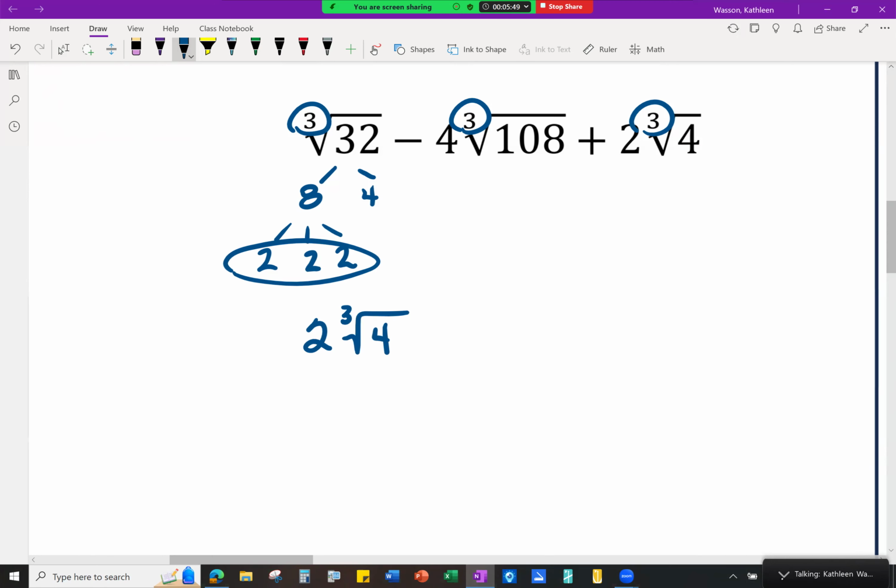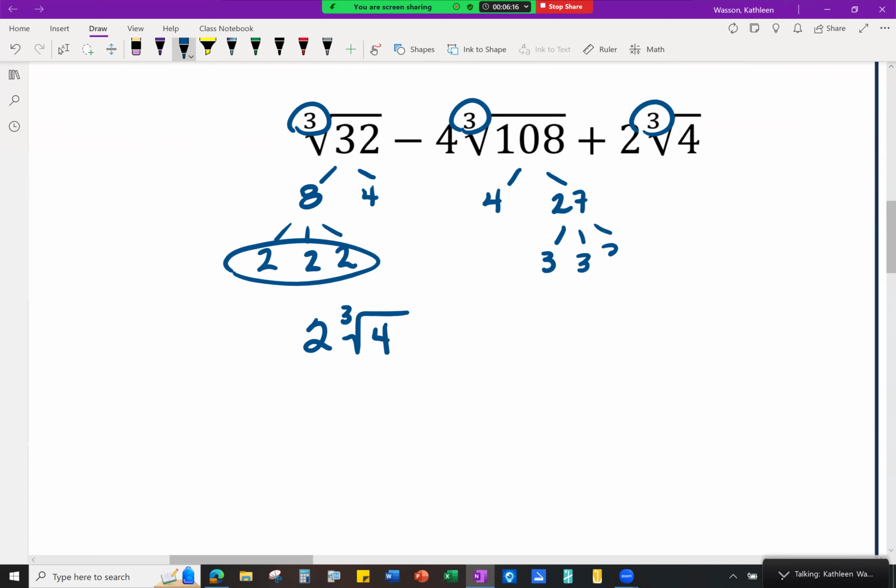For the second group, I need to break down 108. Let me get my calculator. I was just confirming. I didn't want to tell you wrong. 4 times 27 is 108. 27 is a perfect cube.